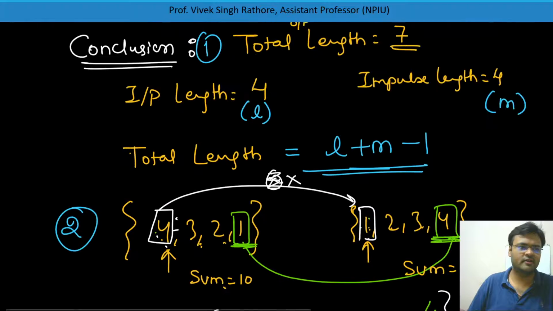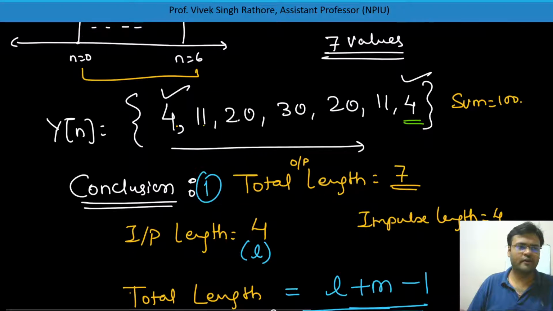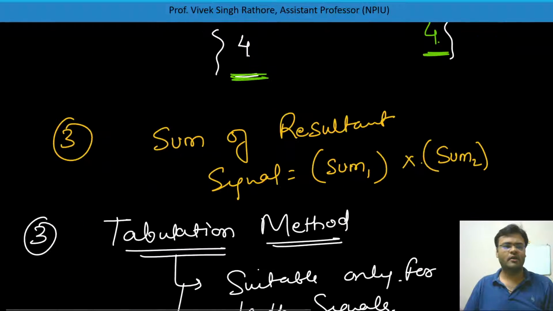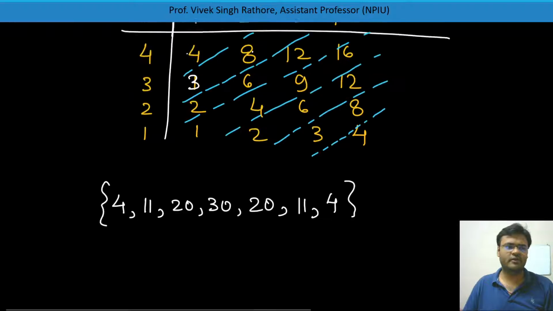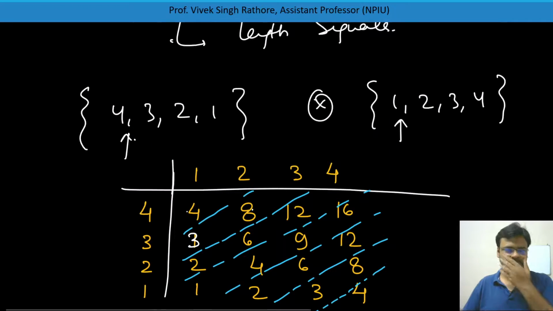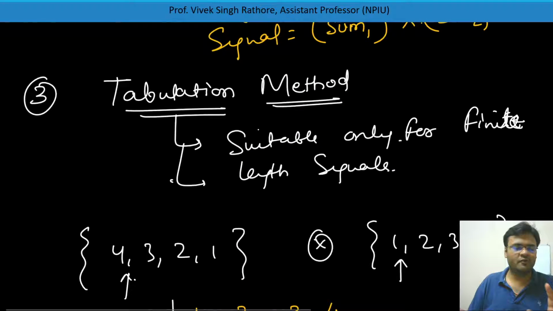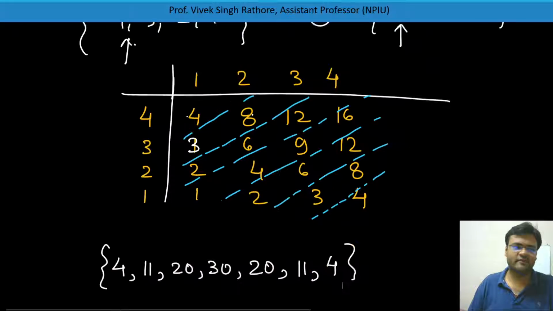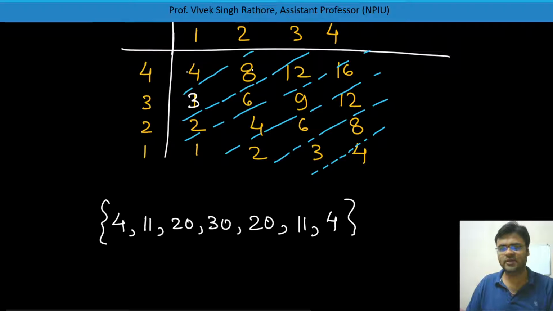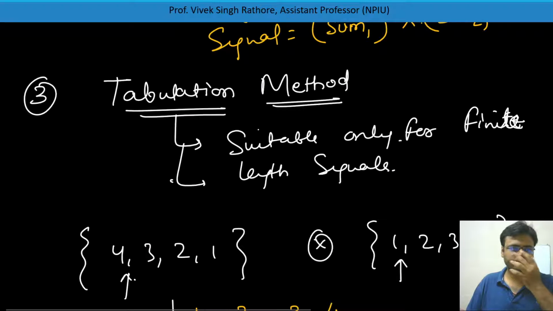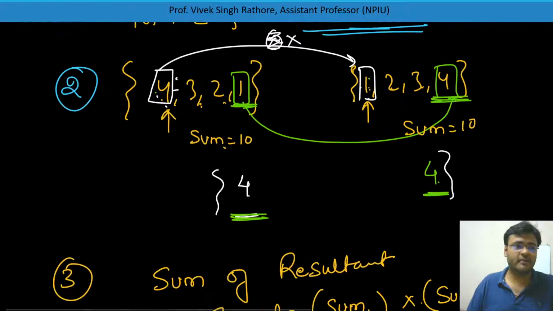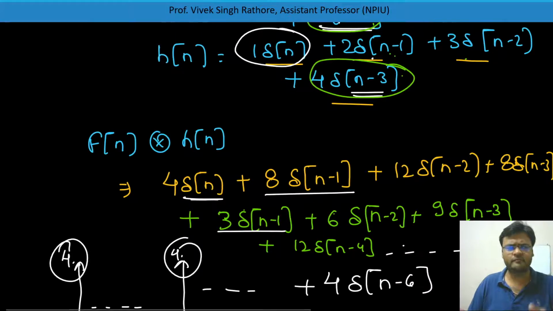You can see the output is 4, 11, 20, 30, 20, 11, 4, the same values we got earlier as output. So by the graphical method you do so much work and get this same value, but conventionally you should do it this way.